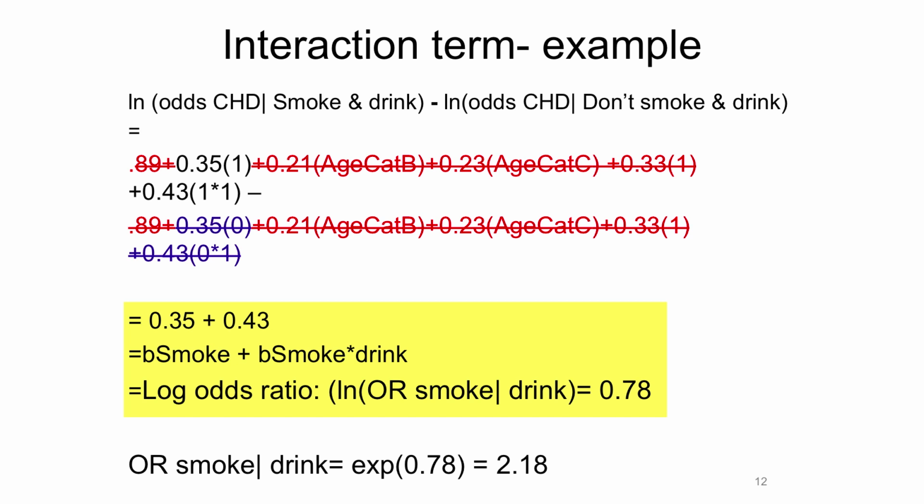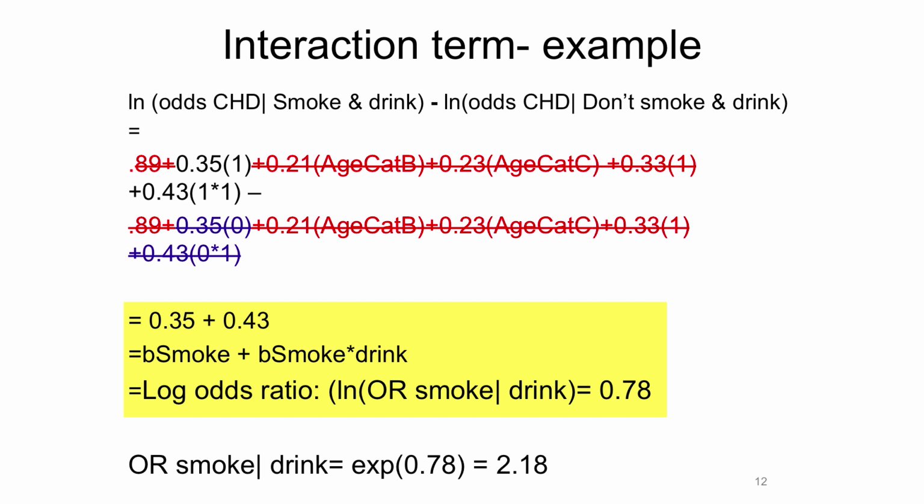And since only smokers are assigned a value of 1 for the interaction term, and non-smokers are not, the smoke and smoke times drink interaction term are the only two coefficients that differentiate smokers from non-smokers. In other words, the drinker's specific log odds ratio is 0.78.